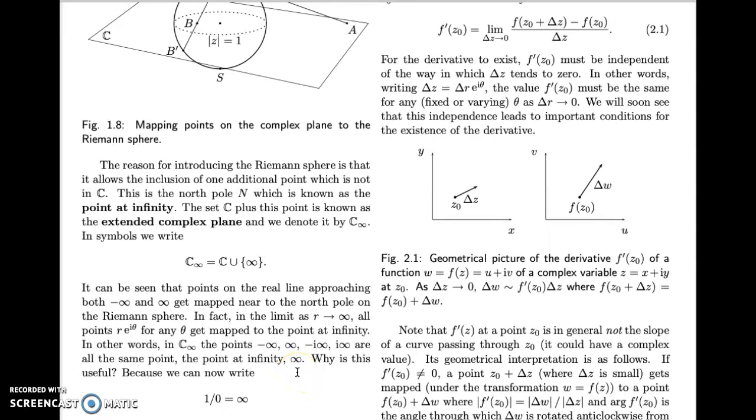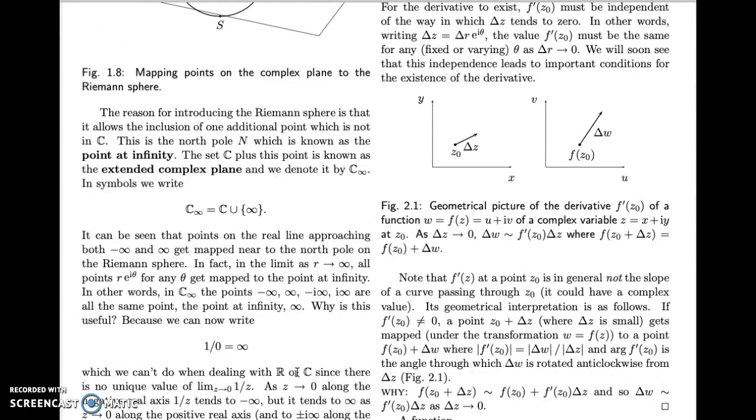Why is this useful? It means that now we're allowed to write 1 divided by 0 equals infinity, which you can't do if you're dealing with just the real numbers or the complex numbers, since there's no unique value of 1 over z as z goes to 0. If you go to 0 along the negative real axis, you'll get minus infinity.